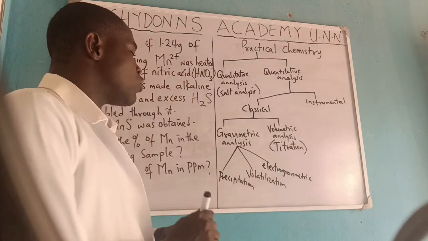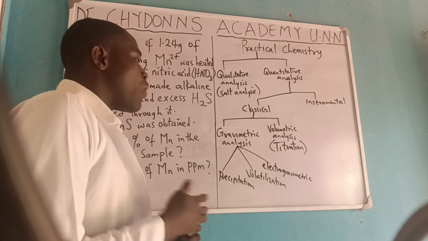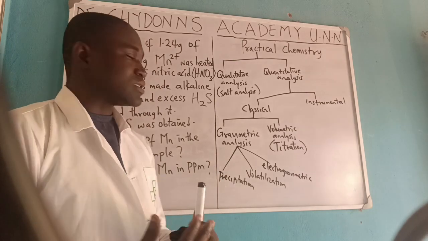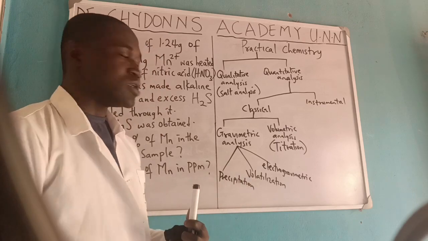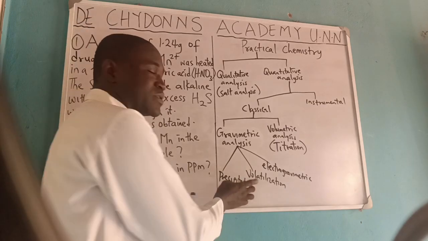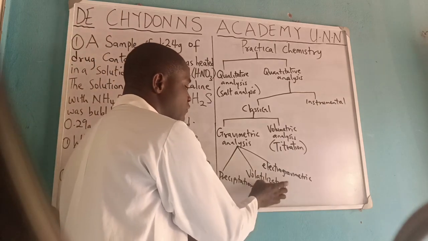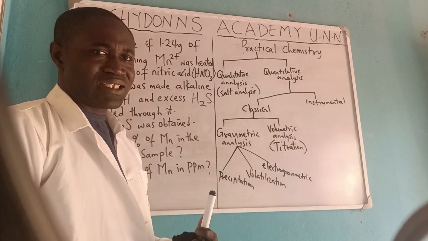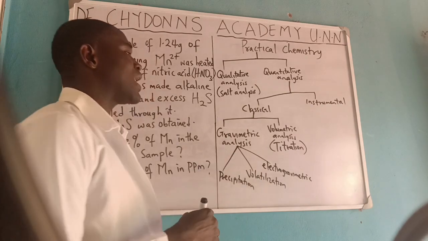What do we mean by precipitation and volatilization? When you are talking about an analysis that results in the formation of a precipitate, it means you are doing precipitation. Or formation of volatile substances, it means you are dealing with volatilization. So these are for the gravimetric analysis.